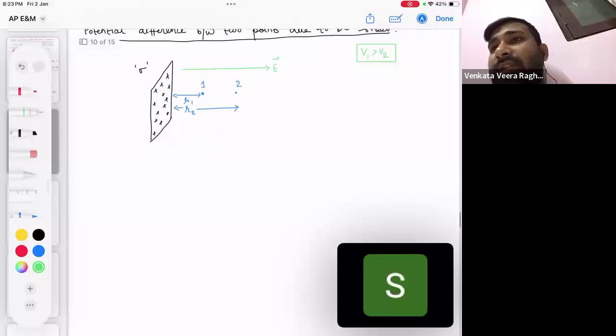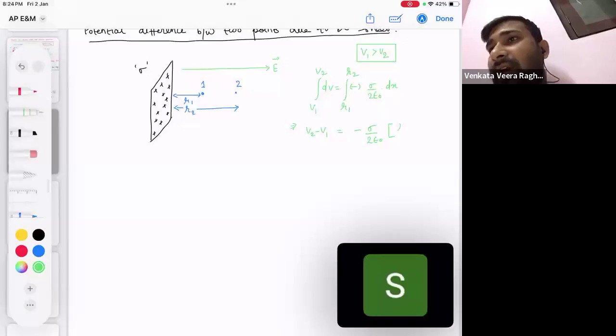Again we should use dV equal to minus the field, and the field is sigma by 2 epsilon naught, times dx, isn't it? Let's integrate it. When x is equal to r1, potential is v1. When x is equal to r2, potential is v2. So we got v2 minus v1 equal to minus sigma by 2 epsilon naught, a constant, times the integral of dx, which gives r2 minus r1.